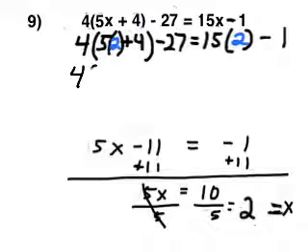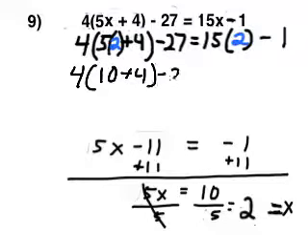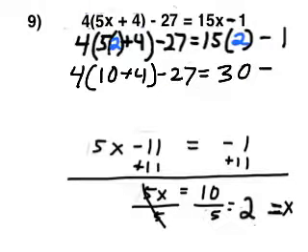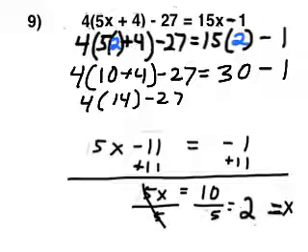So I've got 4 times 5 times 2, that's 10 plus 4 minus 27 equals 15 times 2 is 30 minus 1. Okay, so here we have 4 times 14 minus 27 equals 29.